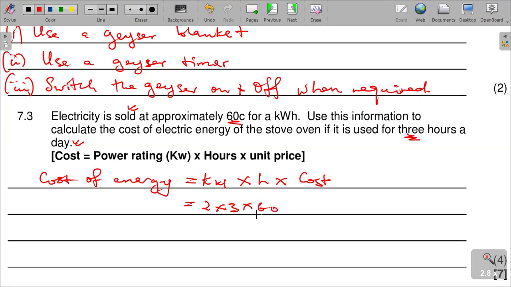When we multiply that, we get 360 cents.